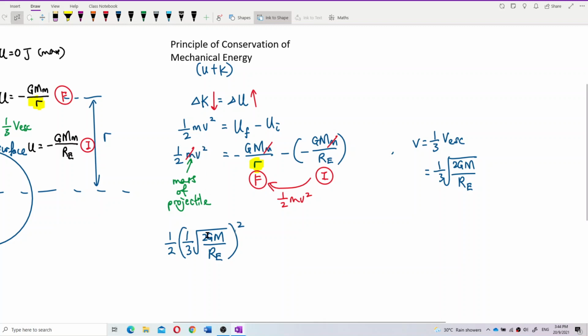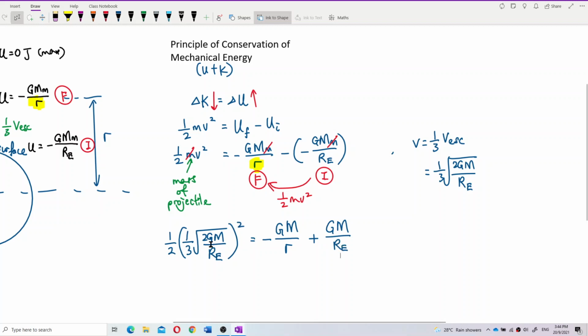So the 1/3 escape speed, I square it, and then equal to this is GM over r, which we want to find the r. And oh, I forgot the negative sign. Yeah, so be very careful with the negative sign, and then this one is plus GM over radius of Earth.